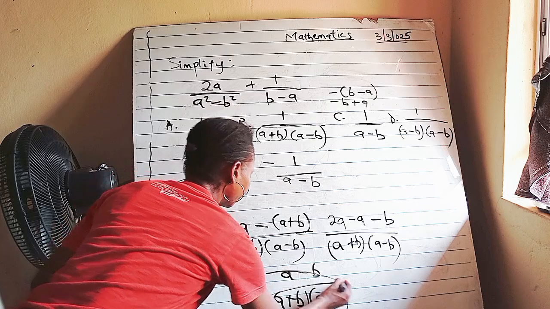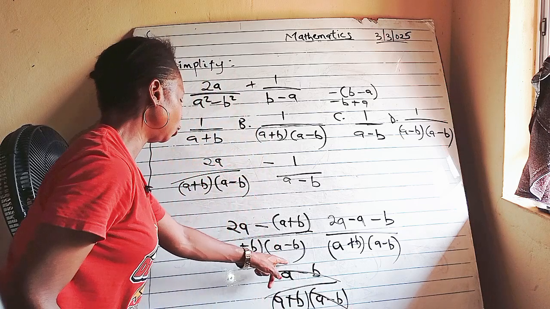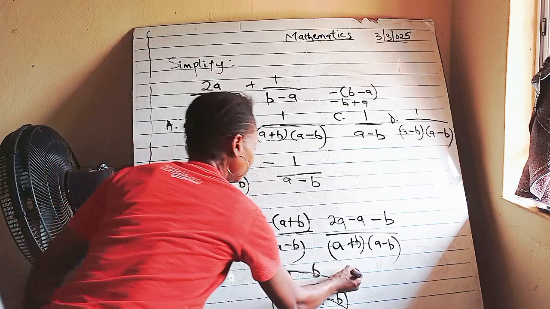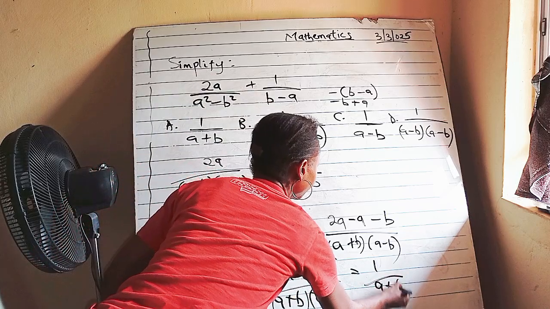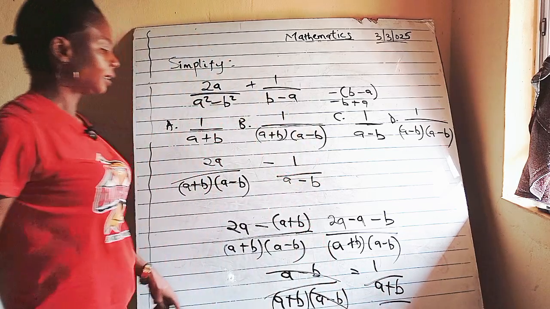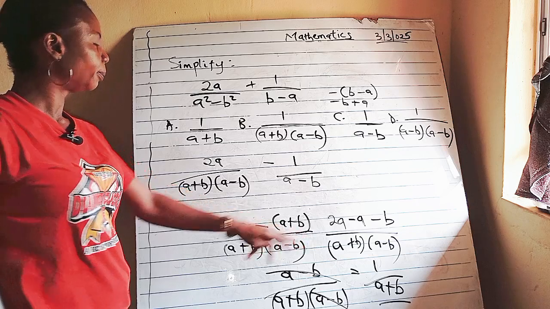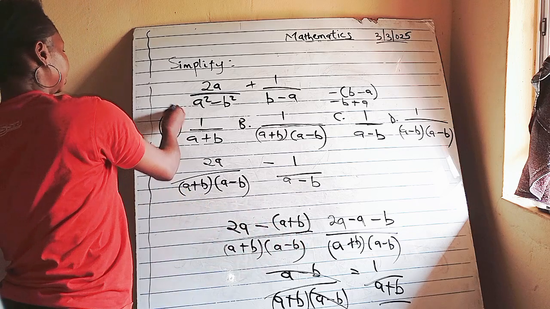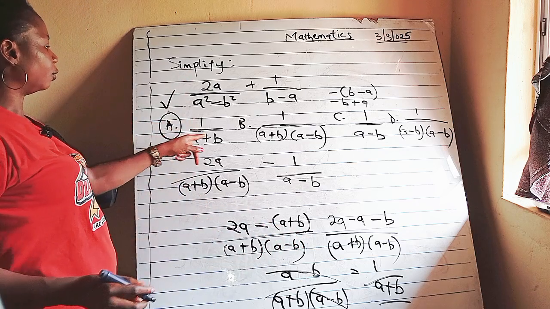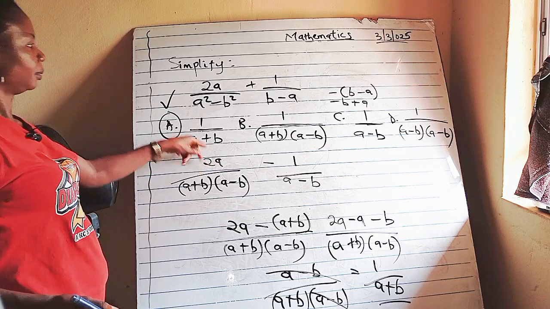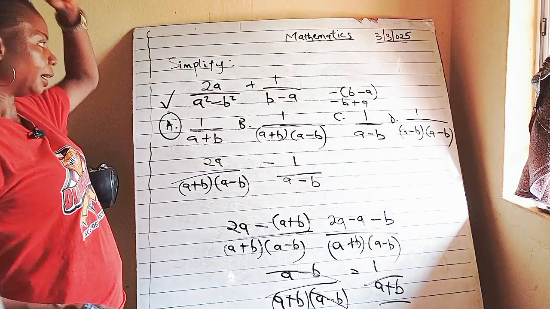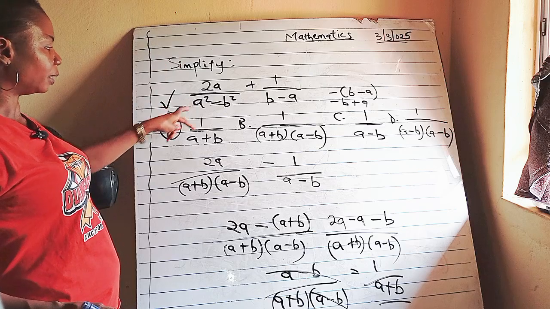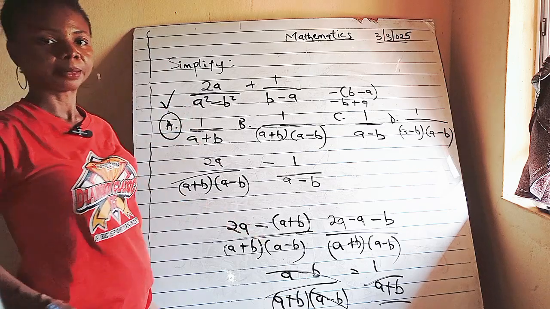We cancel a minus b, and we're left with 1 over a plus b. So our answer is 1 over a plus b. That is the simplified form of this algebraic expression, and that's the correct answer.